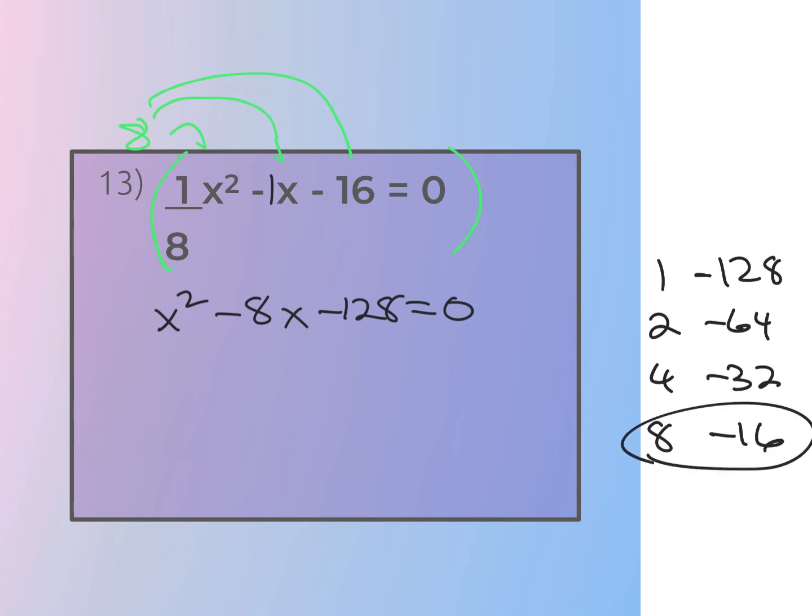And those are my factors. So again, x plus 8 and x minus 16.